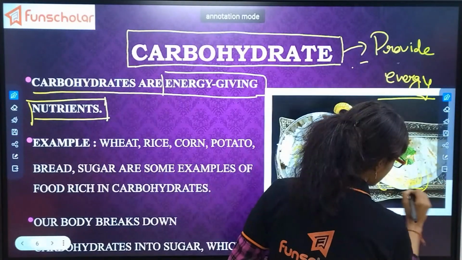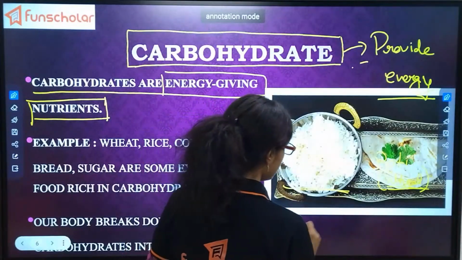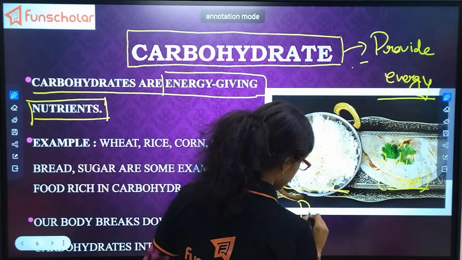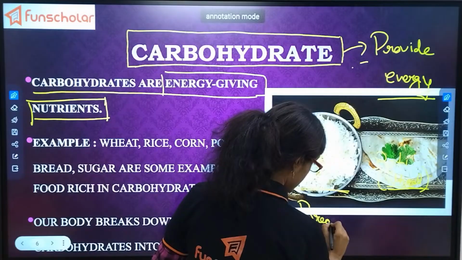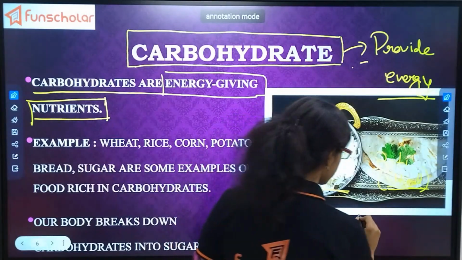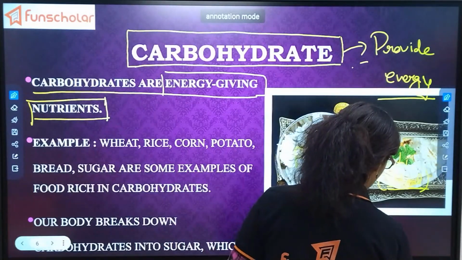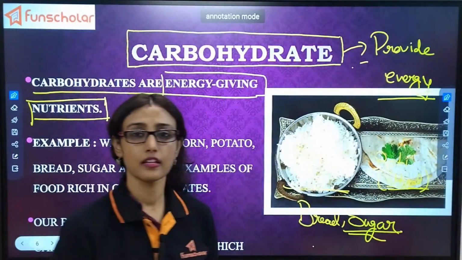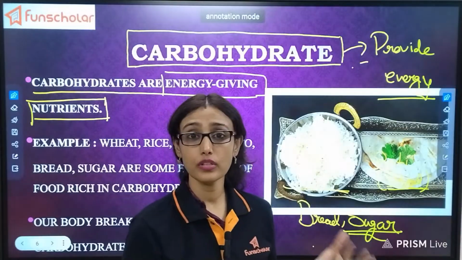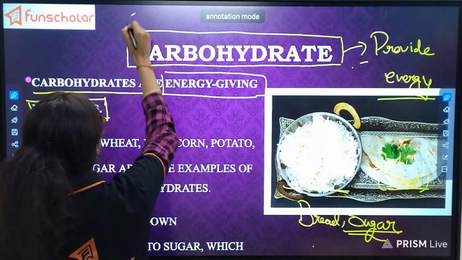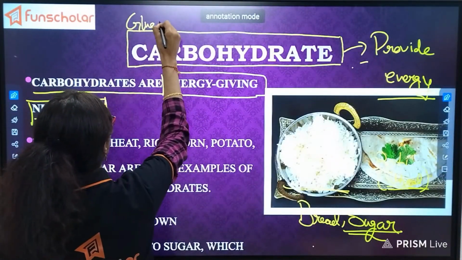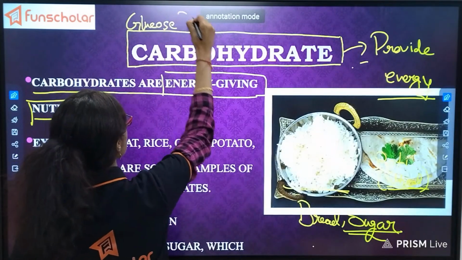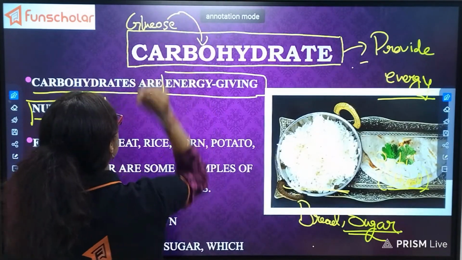So rice, wheat. Then it comes from bread. Then it comes from sugar. I just now told you that the food plants make is glucose, which is nothing but carbohydrate.